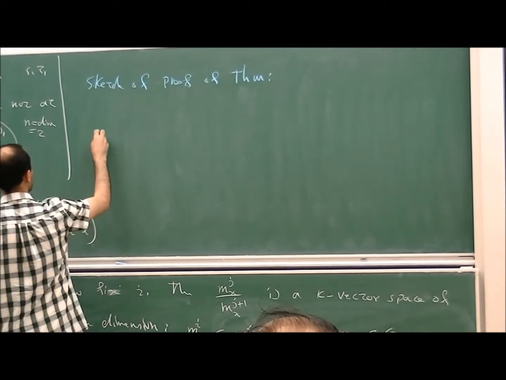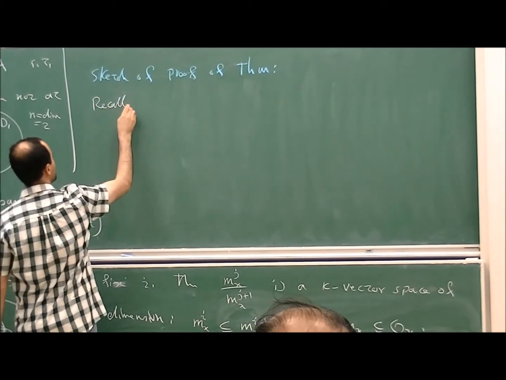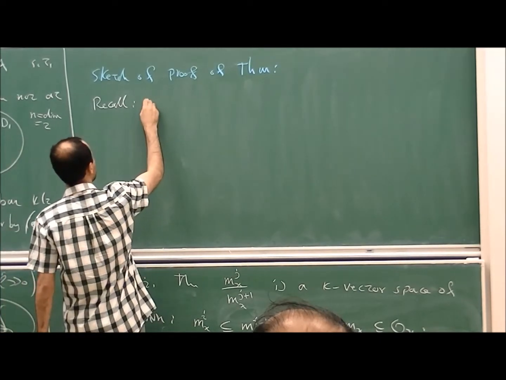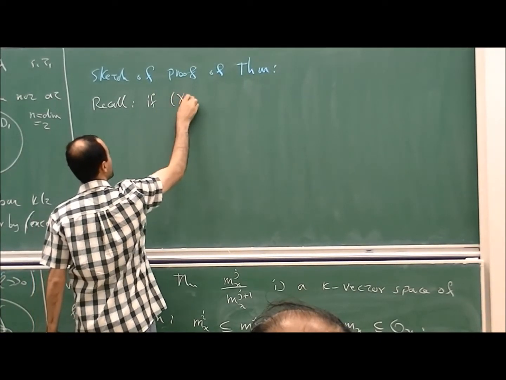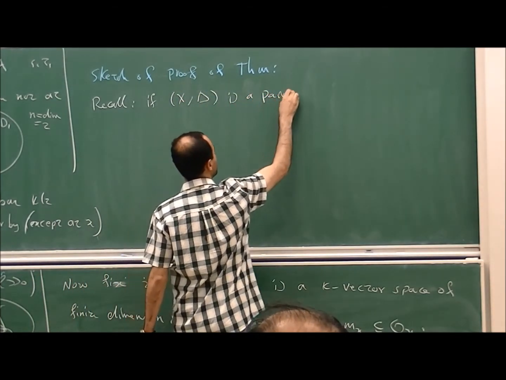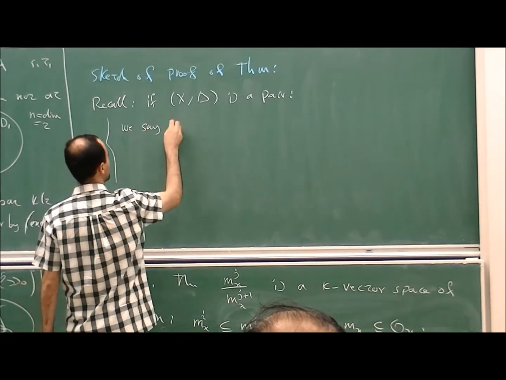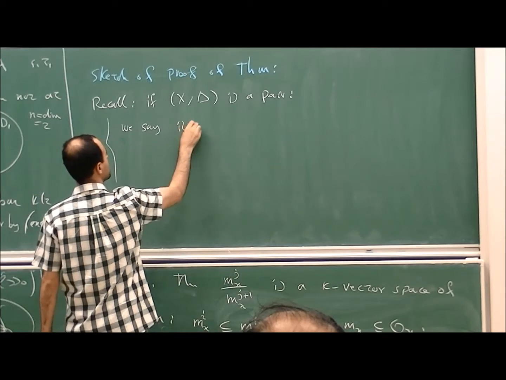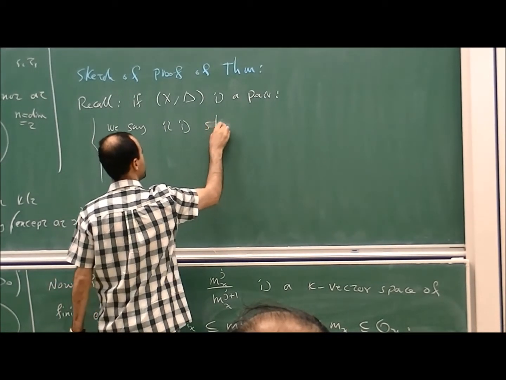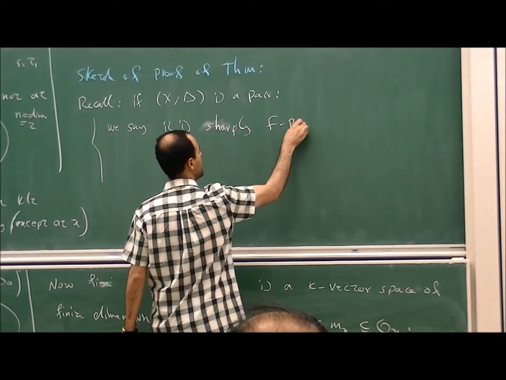Okay, first let me remind you of what is strongly F-regular and so on. So recall that if (X, delta) is a pair, then we say that this pair is sharply F-pure.